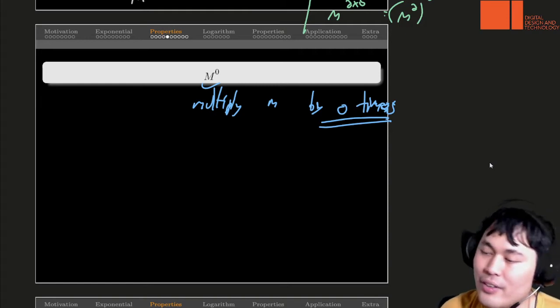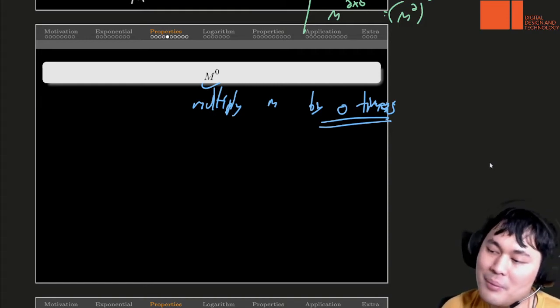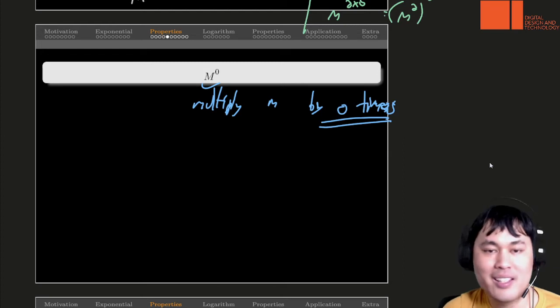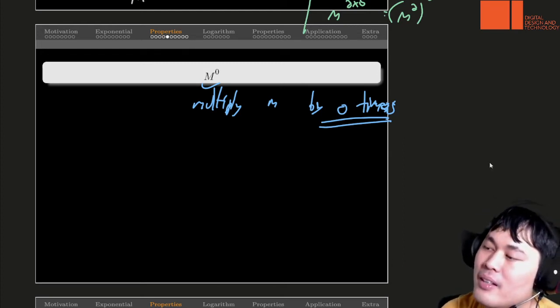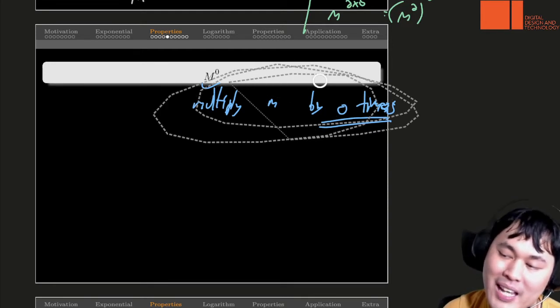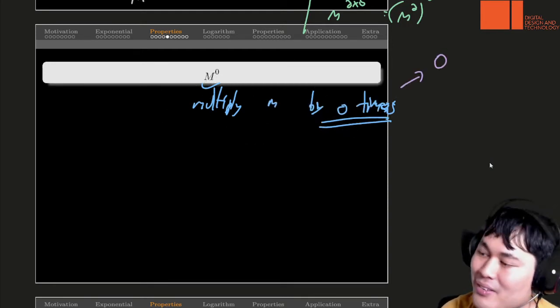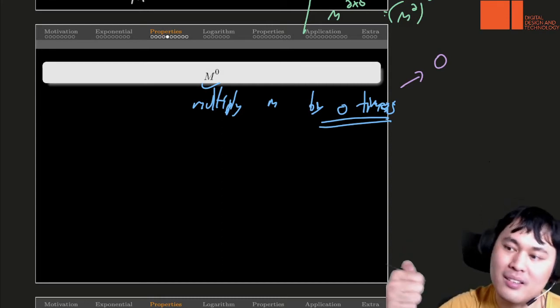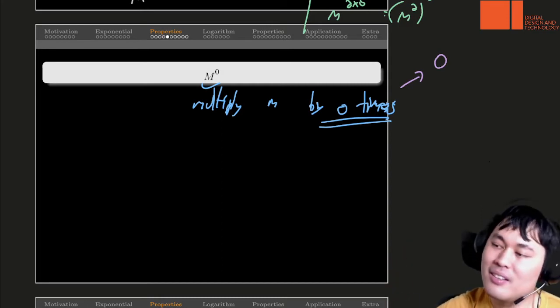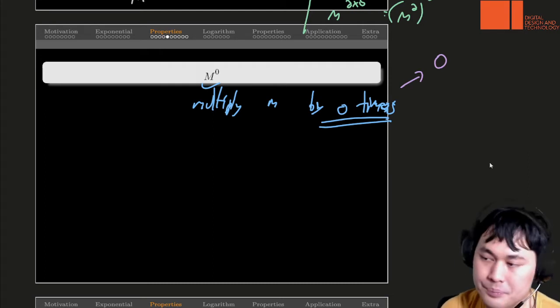You have a number, but you don't multiply at all. You do nothing. What does it mean to do nothing, and what is the result? If you read this definition, you might think that it is zero. Like if you start from nothing and do nothing, you should get zero.